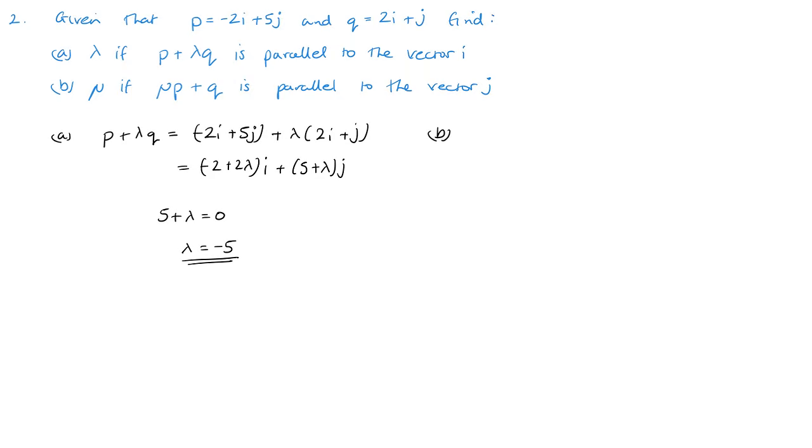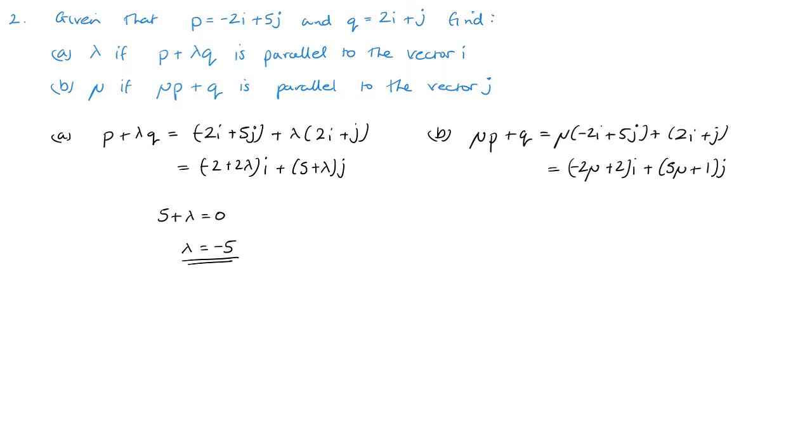Let's do b. So we've got mu p plus q equals 2. So that's mu times minus 2i plus 5j plus q, which is 2i plus j. So that is minus 2 mu plus 2 i and 5 mu plus 1 j.